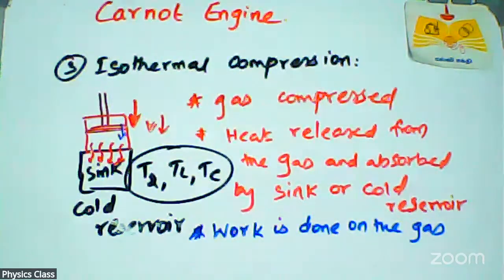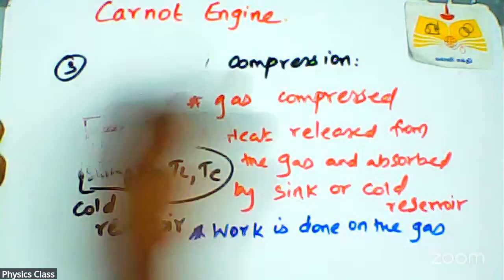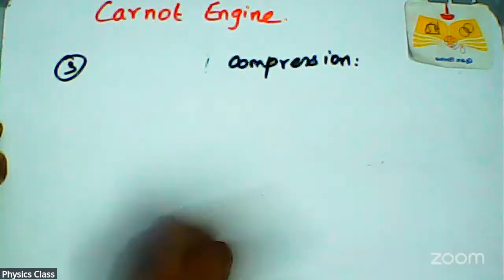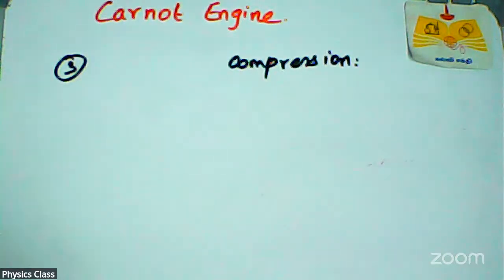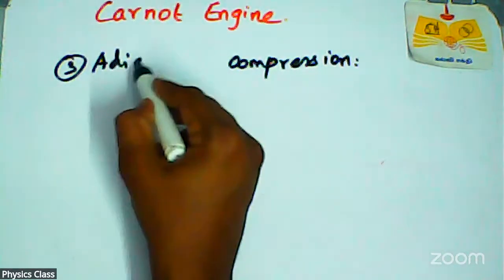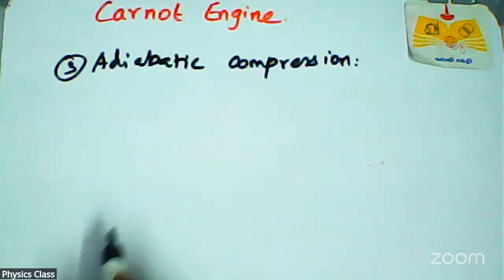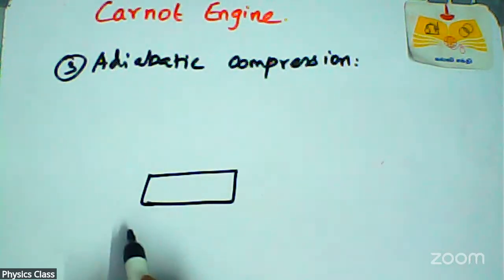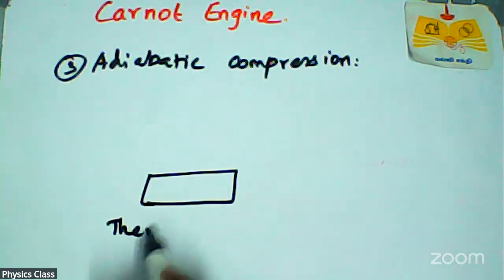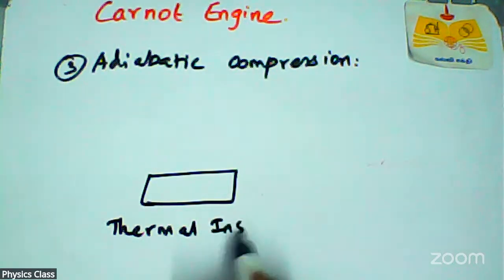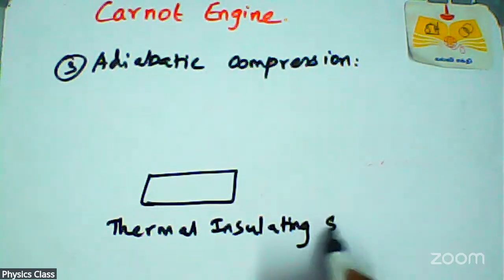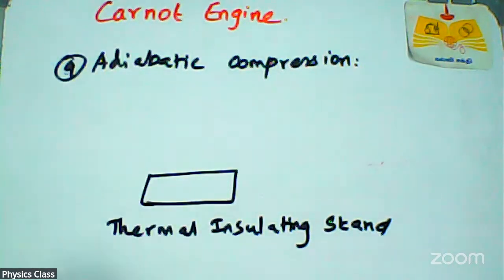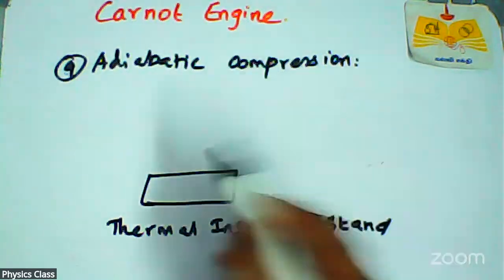Next one, fourth stage, that is adiabatic compression. For this fourth stage, again take that thermal insulating stand. Take the previous gas cylinder position.